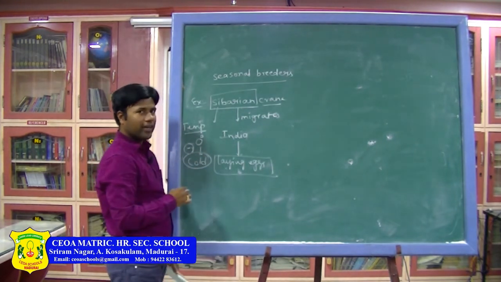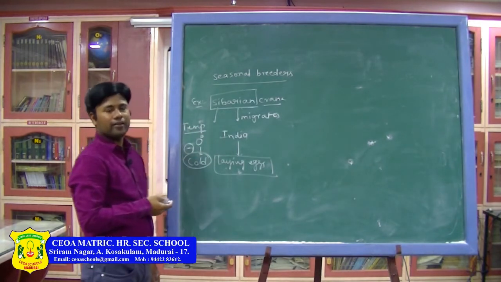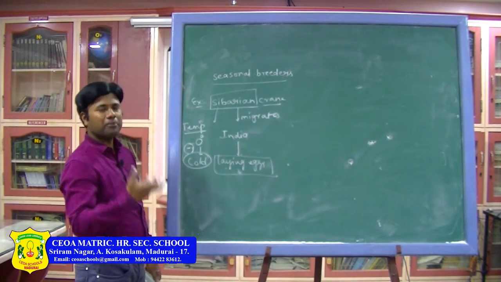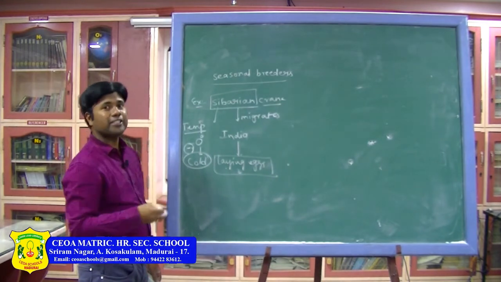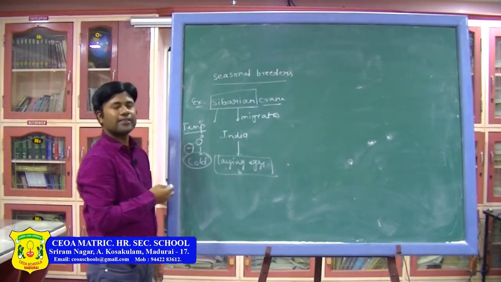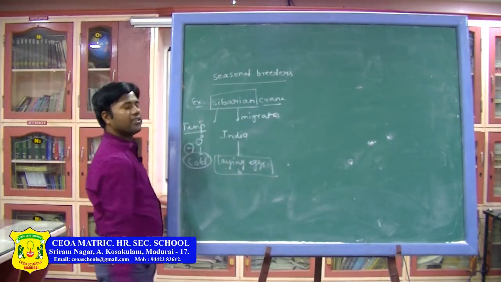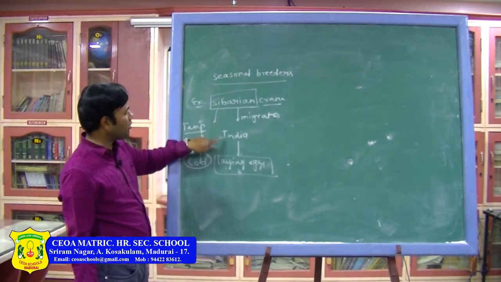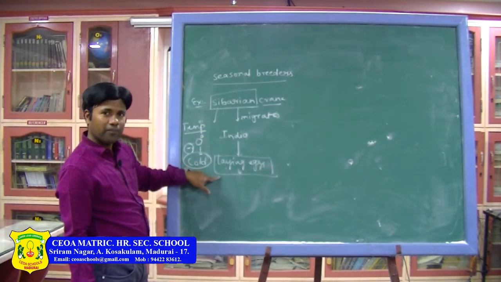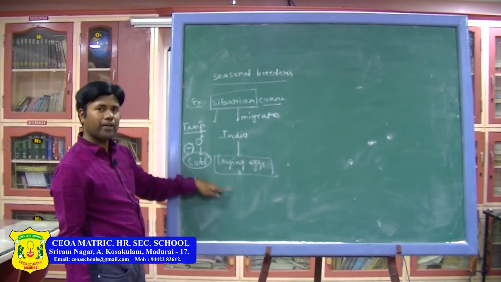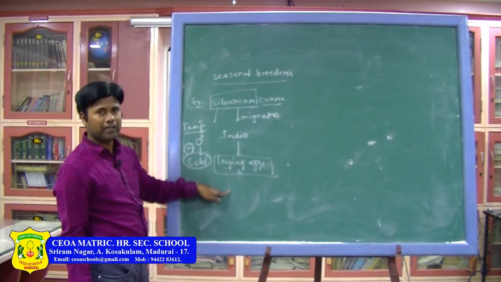That is the reason why the development of the egg, hatching, incubation need the required temperature, which is not available in Siberia. That is why the Siberian crane migrates to India for breeding and laying. They lay eggs and breed, and again go back to their places.